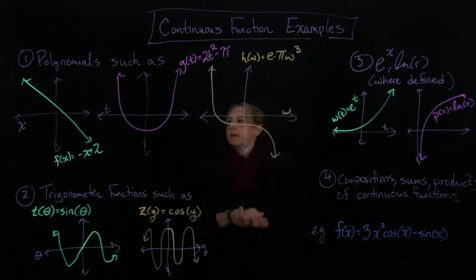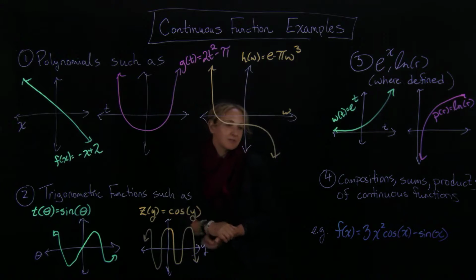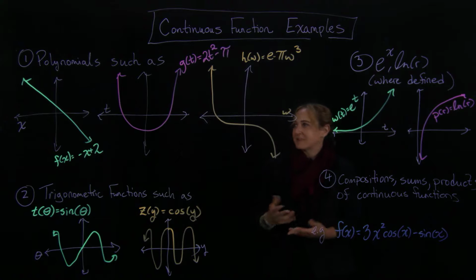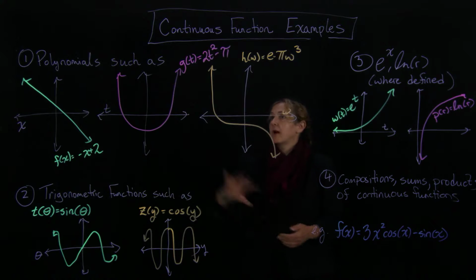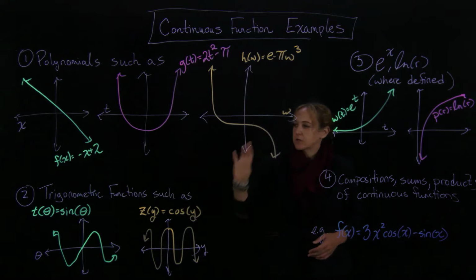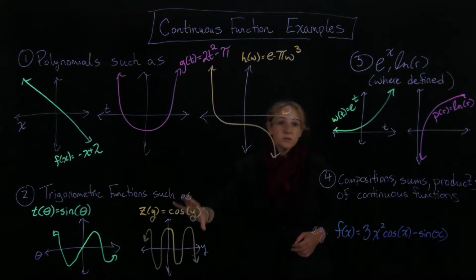What's going on here? Continuous functions are ones where basically you don't pick up your pencil, and you can see this in all of these graphs that I've drawn. All of your polynomials are always continuous. With trigonometric functions, these ones are good.